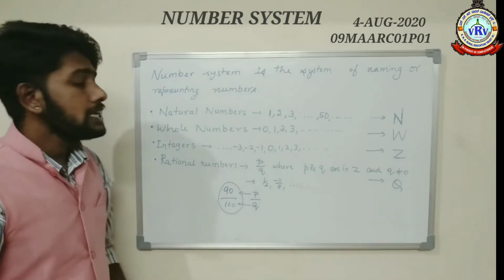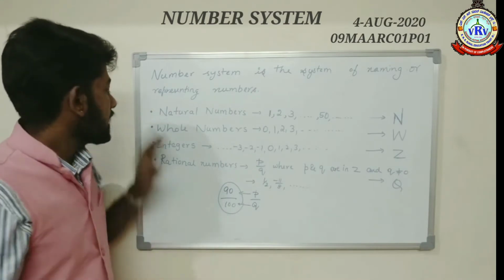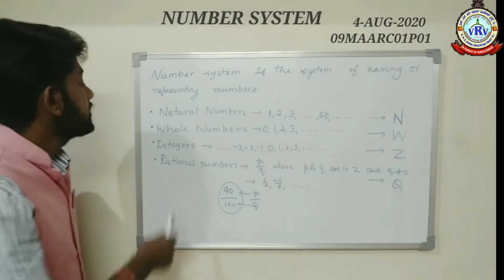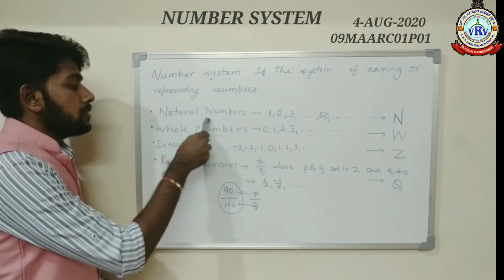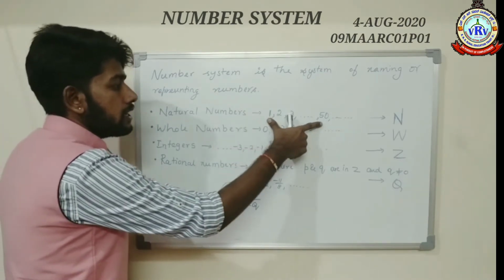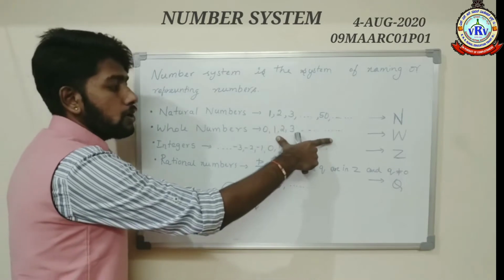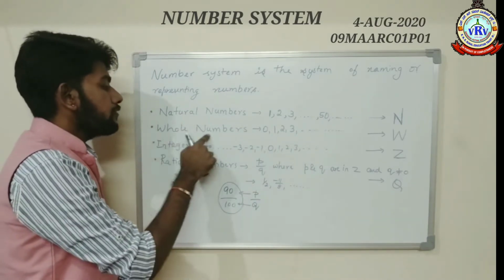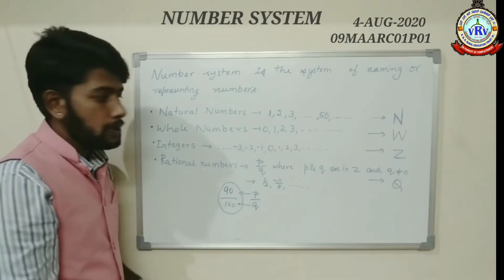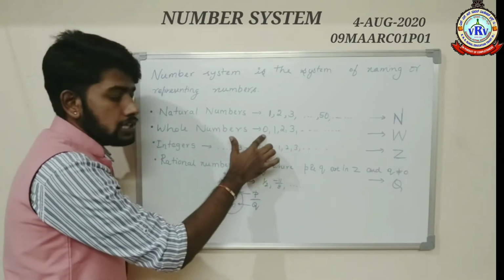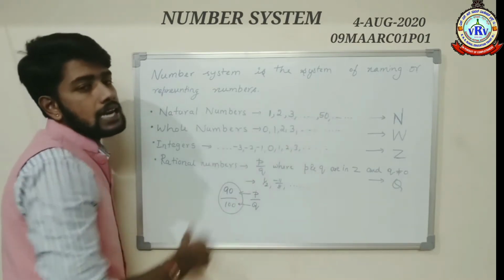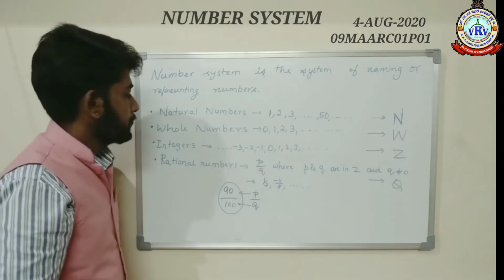And you may get a relation between natural numbers, whole numbers, integers and rational numbers. Like every natural number is a whole number, right? Every natural number belongs to the collection of whole numbers. But not every whole number is a natural number, because 0 is in the collection of whole numbers but not in the collection of natural numbers.